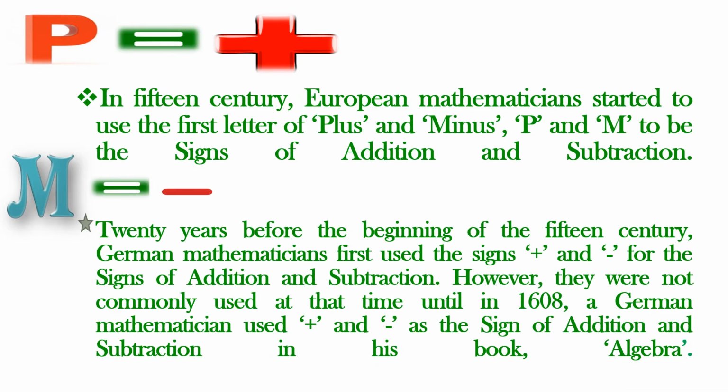In the 15th century, European mathematicians started to use the first letters of plus and minus, P and M, as the signs of addition and subtraction. 20 years before the beginning of the 15th century, German mathematicians first used the signs plus and minus for addition and subtraction. However, they were not commonly used at that time until in 1608 a German mathematician used plus and minus as the signs of addition and subtraction in his book Algebra.